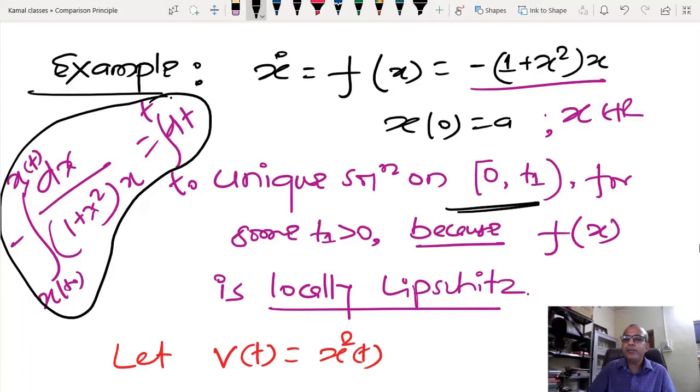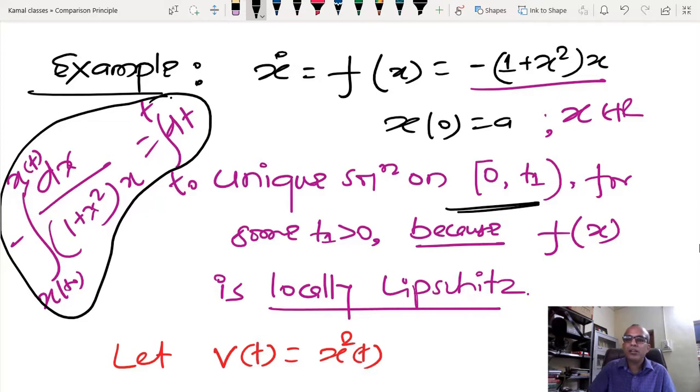So Iram, could you please comment? Is this locally Lipschitz or not? (1 plus x square) multiplied by x. Okay, Silpi. Yes, sir.